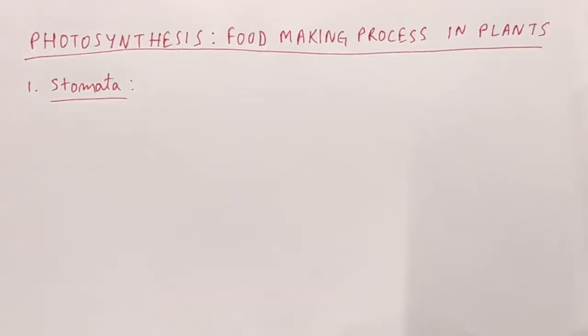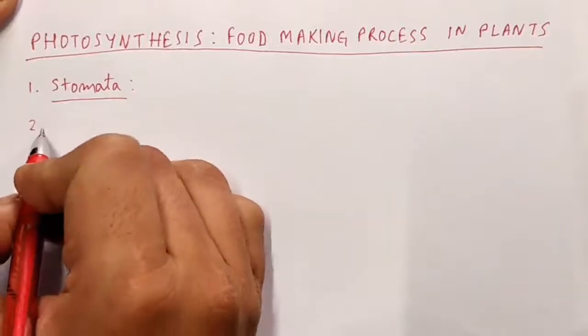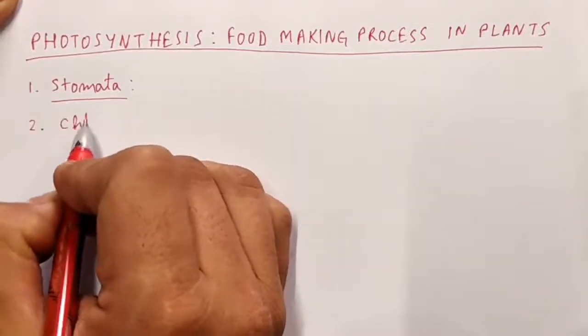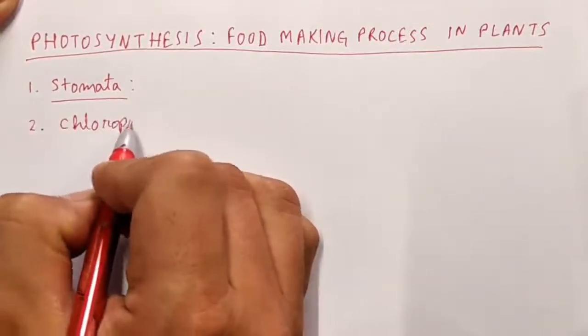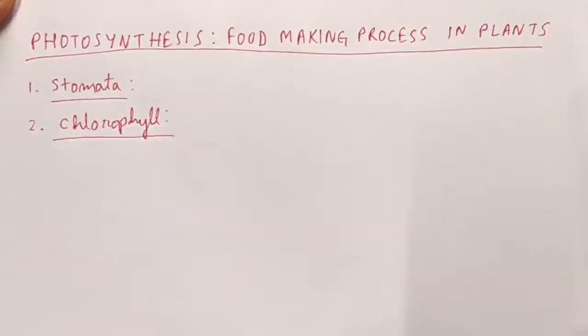And the next term is chlorophyll. Chlorophyll is a green pigment that is present on the leaves or in other parts, that is stem.